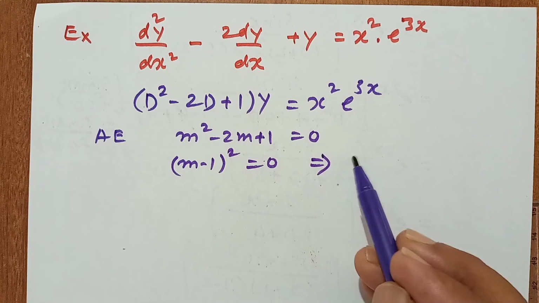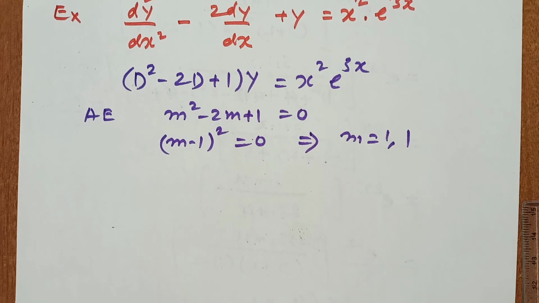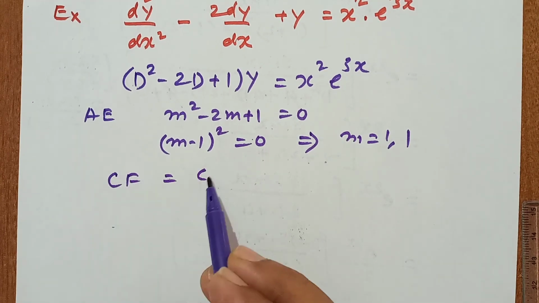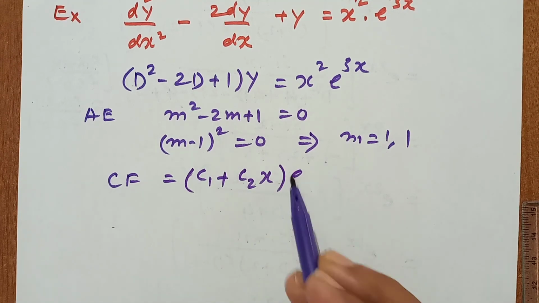This is very easy. m = 1, 1. Here two roots are equal, so CF is (C1 + C2x) e^x.